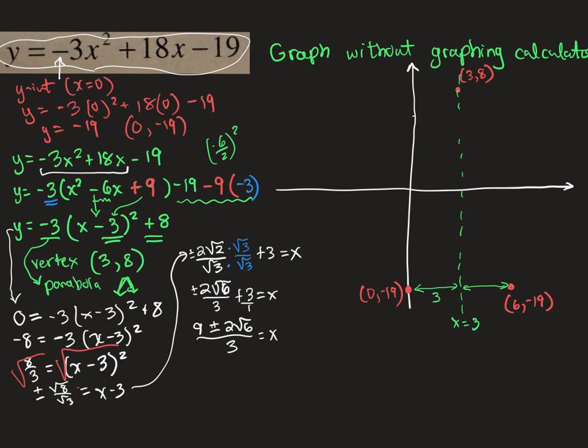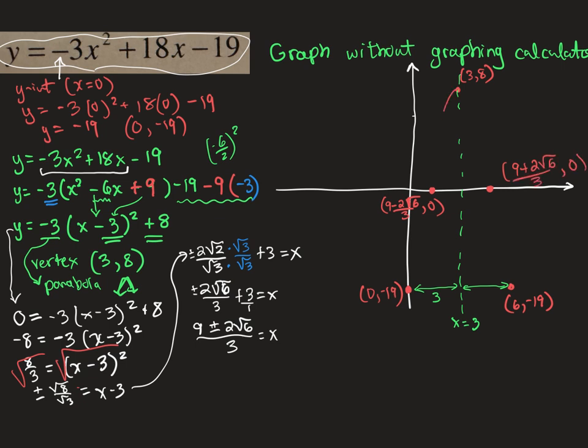So our x-intercepts are terrible, but you could figure out the decimal values for each of those, and somewhere in here would be my guess. This one would be the 9 minus, because it's got to be smaller than the other one, 9 minus 2 root 6 over 3, comma 0. And this one over here would be 9 plus 2 root 6 all over 3, comma 0.